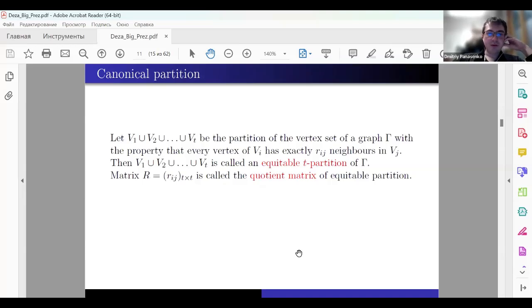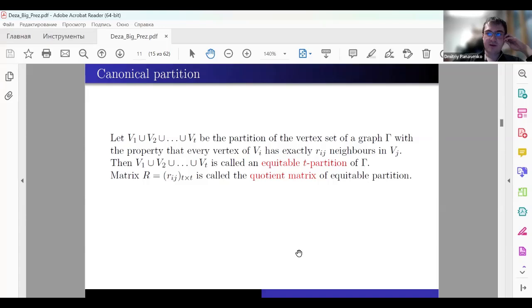So we will consider a partition of the vertex set of the graph gamma into parts V1, V2, and so on up to Vt, with the property that every vertex of part Vi has exactly Rij neighbors in part Vj.